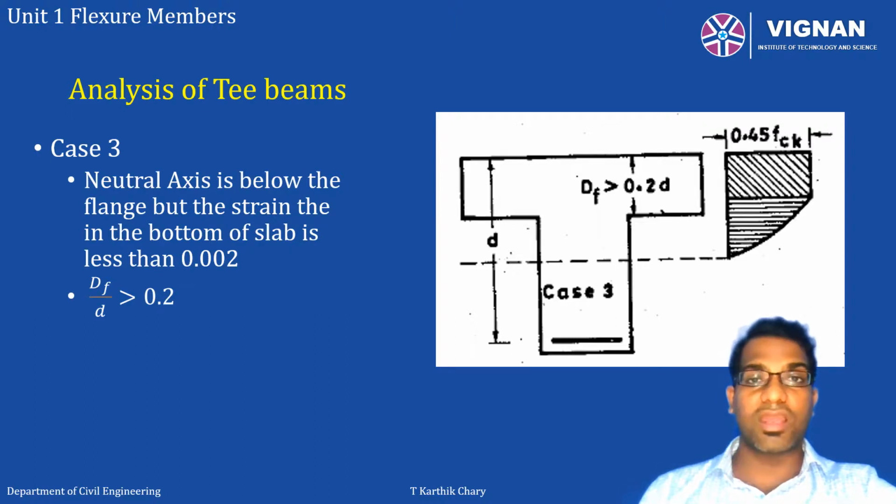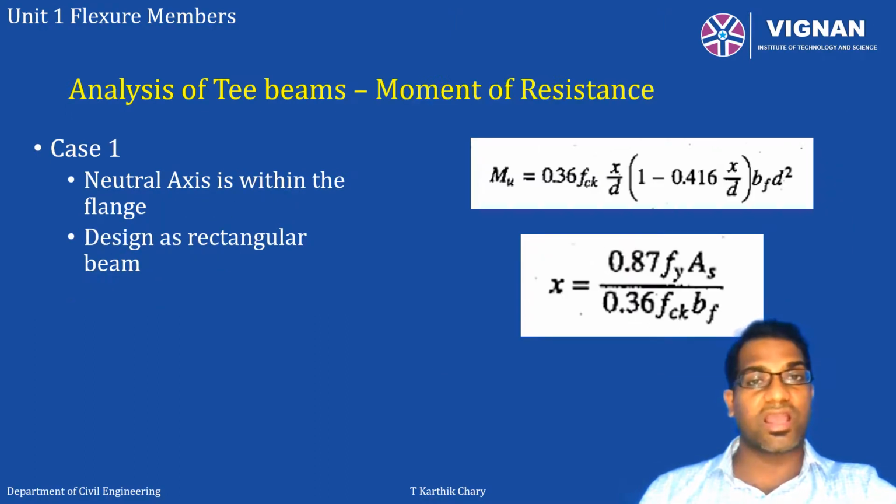In the calculation of moment of resistance, IS 456 stipulates that if the neutral axis is within the depth of the flange, then these sections shall be designed as rectangular sections. The limiting moment of resistance can be calculated as 0.36 XU by D into (1 minus 0.416 XU by D) into FCK BD square.